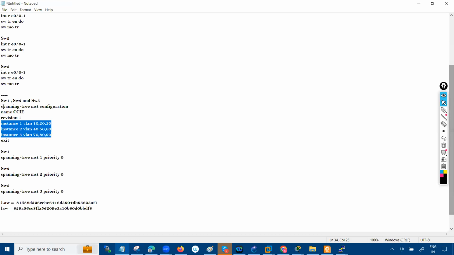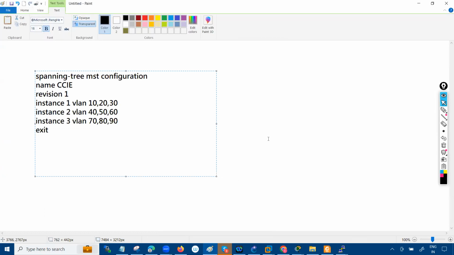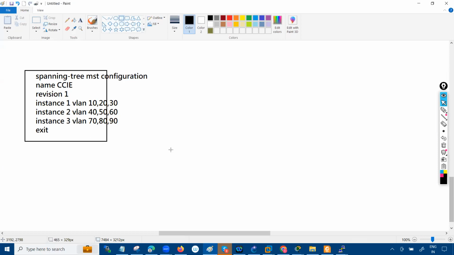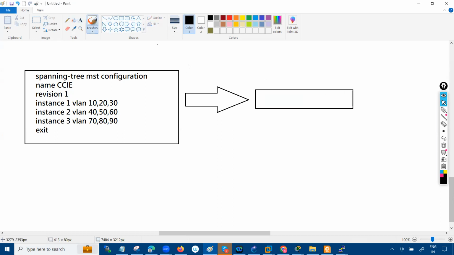In the spanning-tree MST configuration I did over there, for all of this you will have one hash. I have one single hash for this.